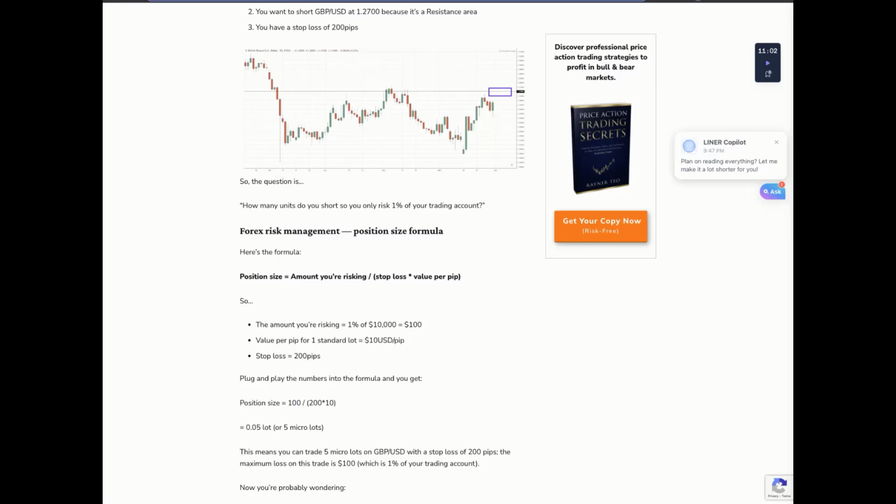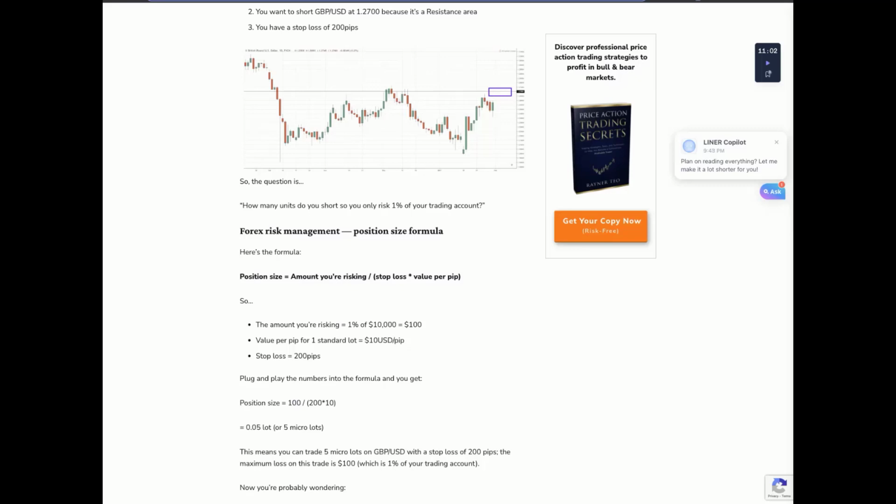So when using 0.01, a pip is 10 cents. When using 0.1, a pip is $1. And when using 1.0, a pip is $10. So if the market moves one pip like this, when you're using 1.0, that's $10. So imagine when it moves against you.